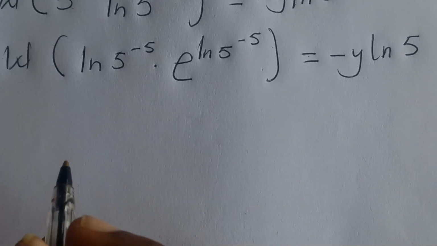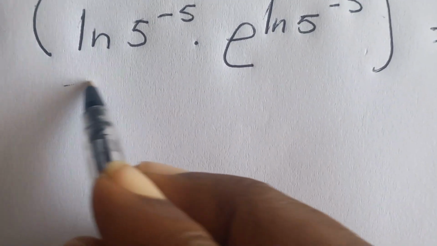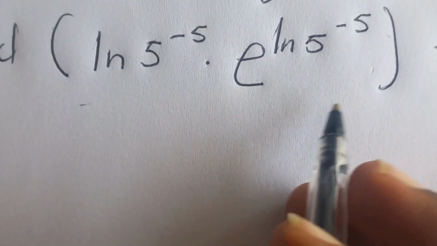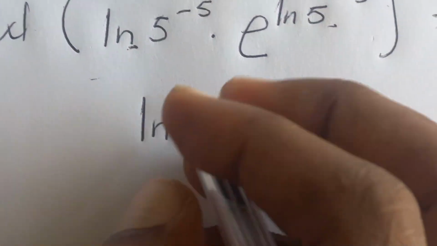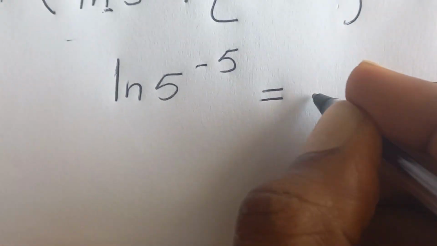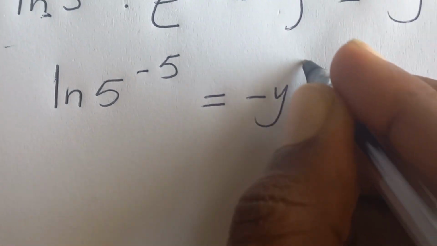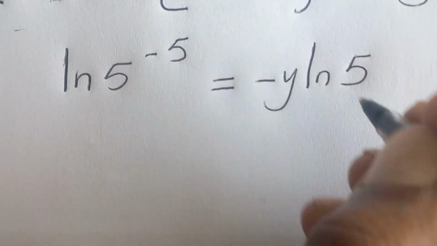So now we are applying the Lambert W function here, and see that our A is this, the same as this. So it's going to be negative ln 5 exponent negative 5, which is equal to negative y ln 5.